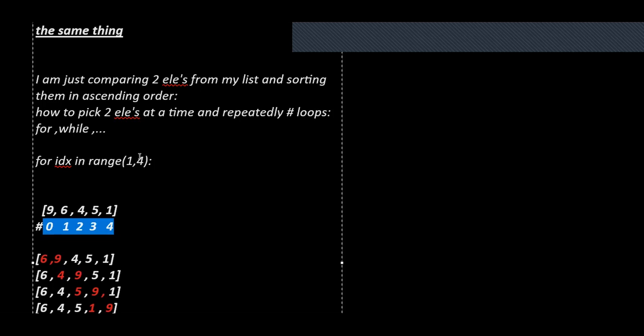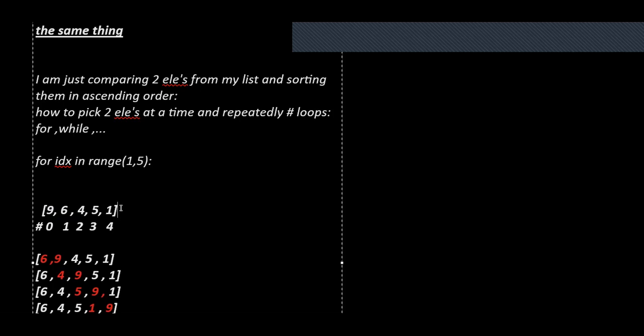If I want to move till 4, I need to put it 4 plus 1, so that is nothing but 5. So what are you saying? Since you have 5 elements, to move from 1 till 4, you are using 1 till 5.